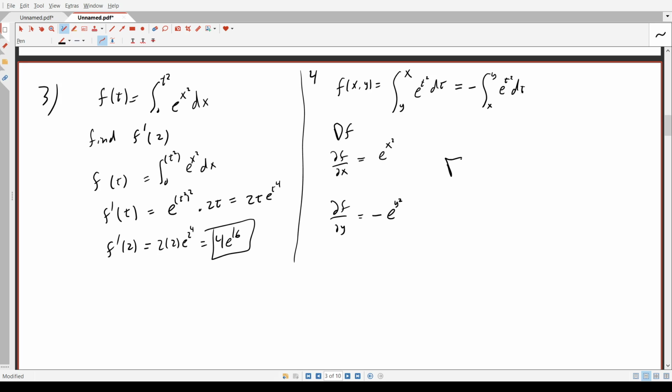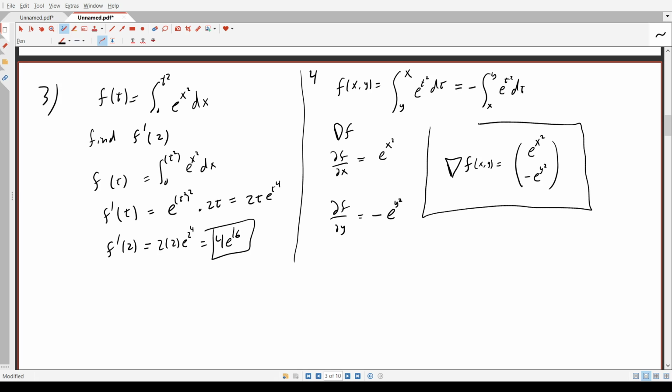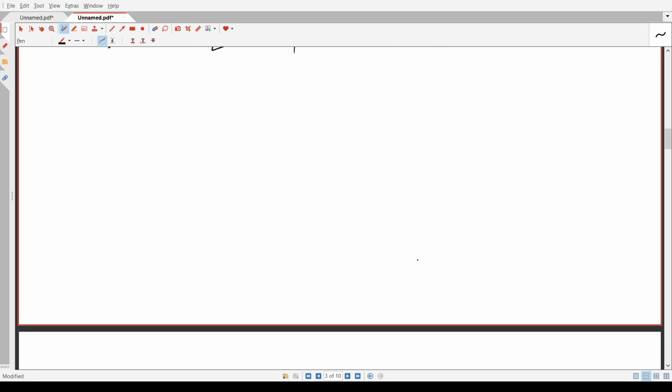So the gradient of f is going to be e to the x squared minus e to the y squared. Okay, so that's number 4. Let's move on to number 5.